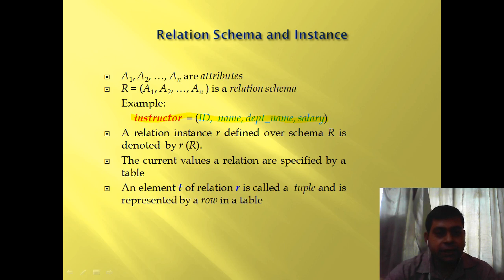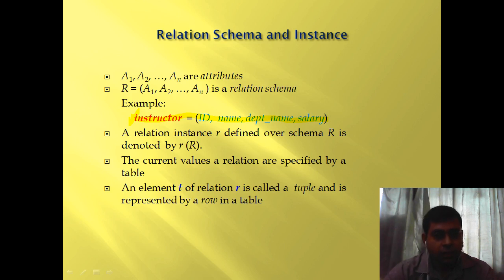Now what exactly an instance is? This is about the schema that we have defined in this example. Instance is at a particular moment, what are the values for a particular instructor? Means the ID, the name, the department name and salary, etc. If we get the snapshot, that is called the instance.